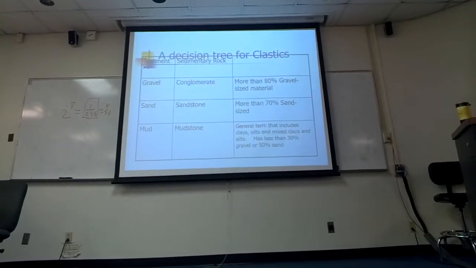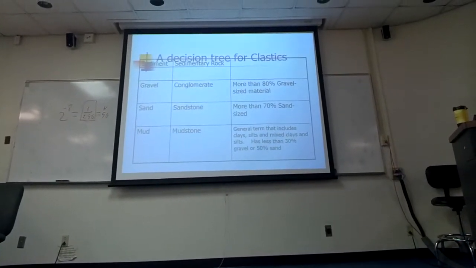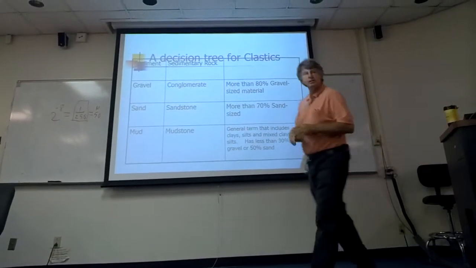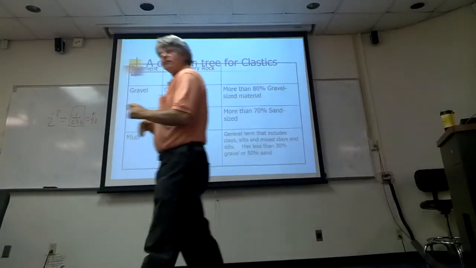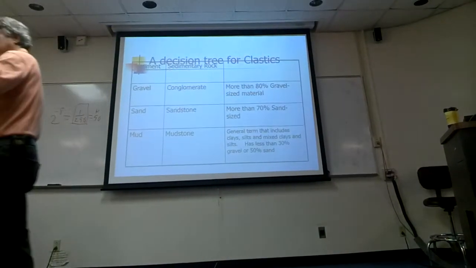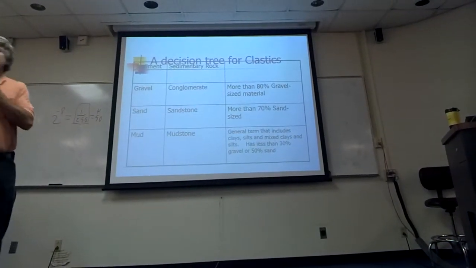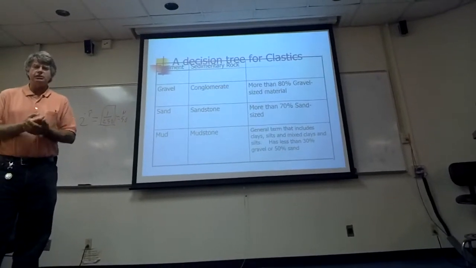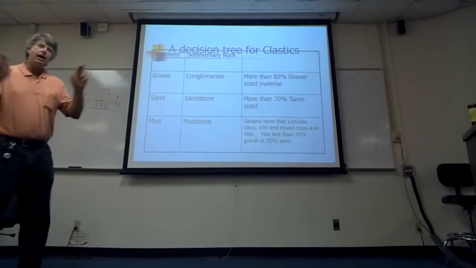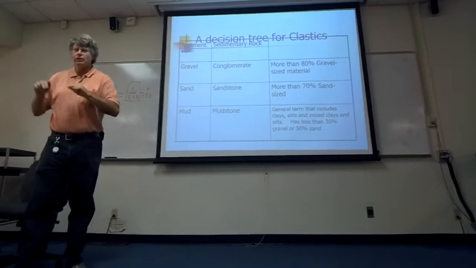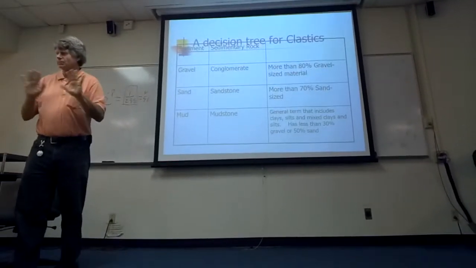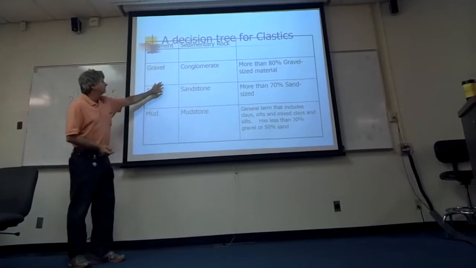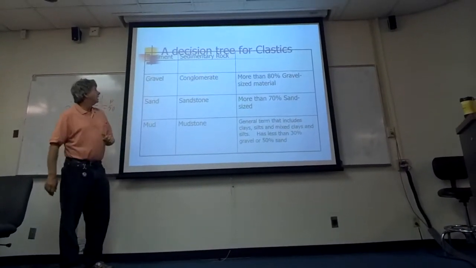And so here I have a thing I put together that guides you through. Your book has some other guides, and they use other words that we never actually really use in geology. So things like paraconglomerate and orthoconglomerate, don't worry about that.